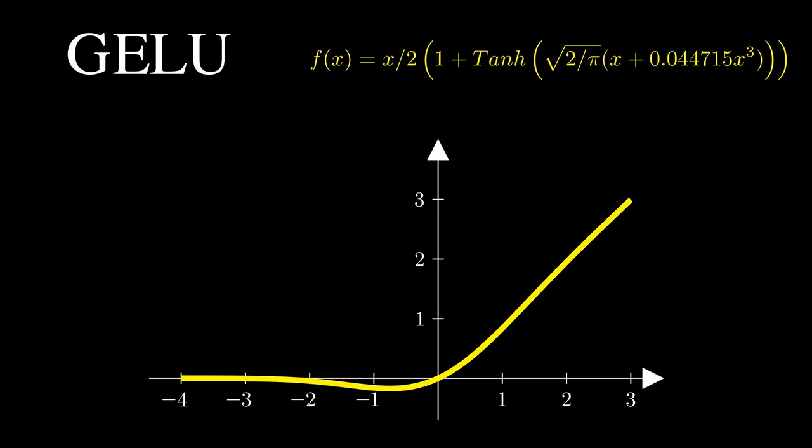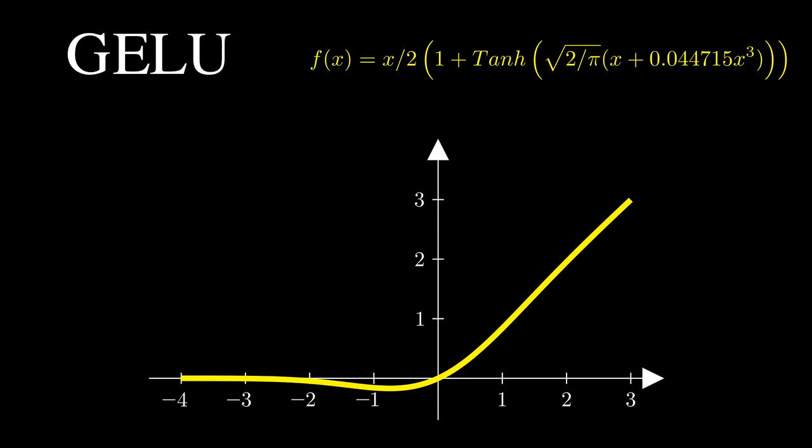As we trace this function from left to right by increasing x, GELU starts with an almost flat region, and then takes a downward slope until it reaches its minimum. After that, it picks up and starts increasing and passes through the origin.